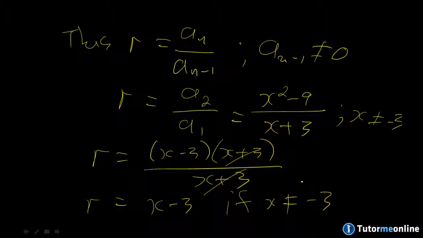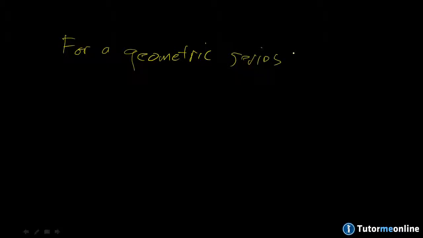Now, for a geometric series to converge, we just now stated, R must be larger than minus 1 and R must be smaller than plus 1.